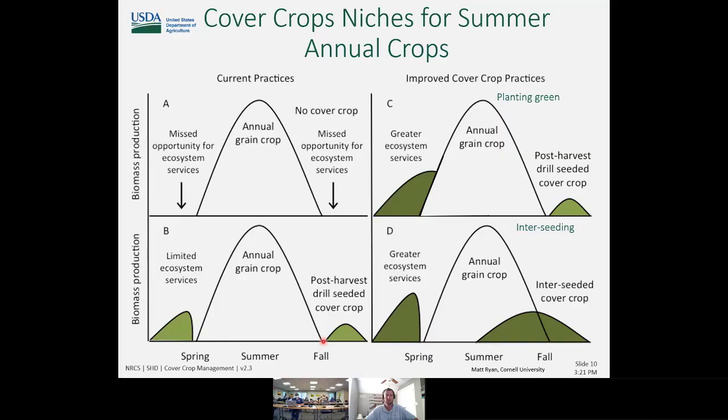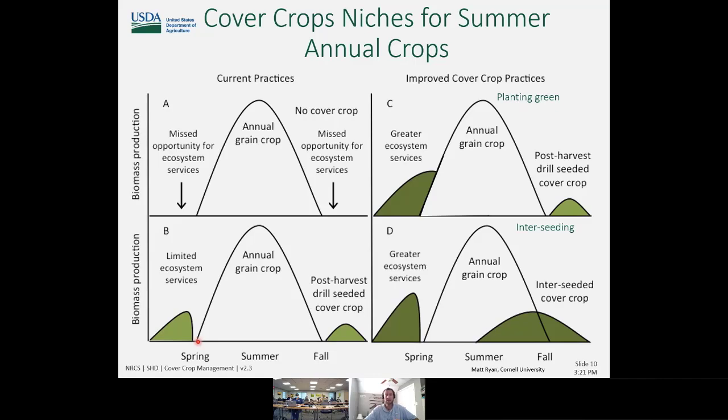So we can see it was planted after harvest into fall. It gets some growth. It sort of plateaus during those winter months. As we come into spring, we can see that growth does get a lot more accumulation, and then we are terminating that cover crop prior to planting of that annual grain crop in the year.